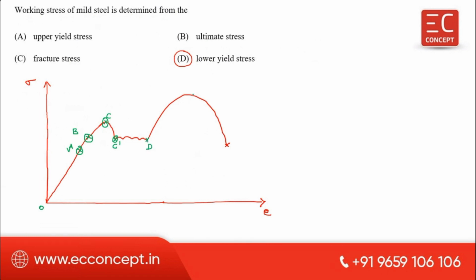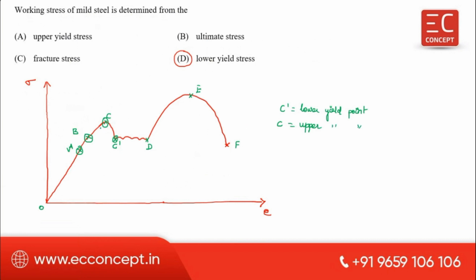Then this is D, the ultimate point. This is the breaking point. Here, C dash is the lower yield point, and C is the upper yield point.